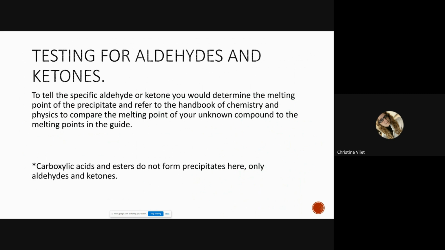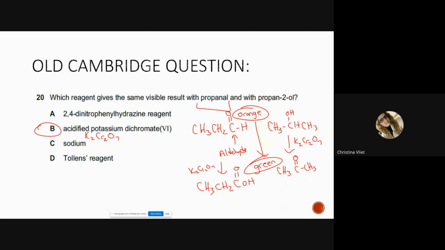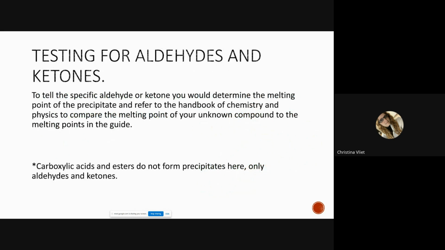Okay. How do we specify between aldehydes and ketones? One way, which is very expensive and very boring, is to determine the melting point. What do I mean by that?